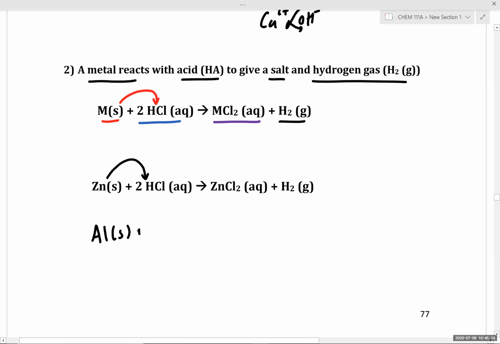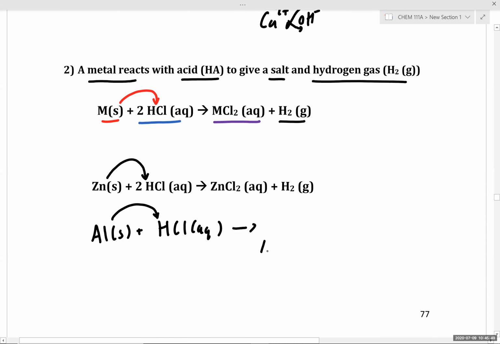Let's look at what happens if you take aluminum and react it with hydrochloric acid. What product would we expect if aluminum reacts with hydrochloric acid? Aluminum chloride, that's exactly right.